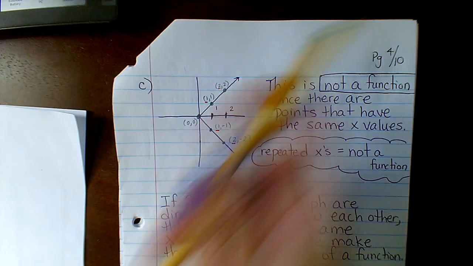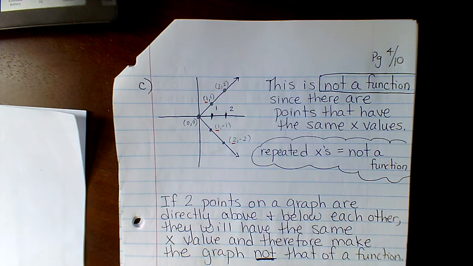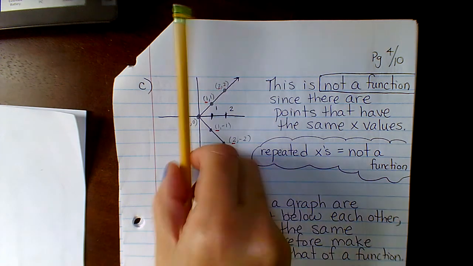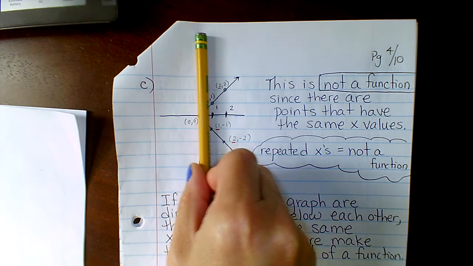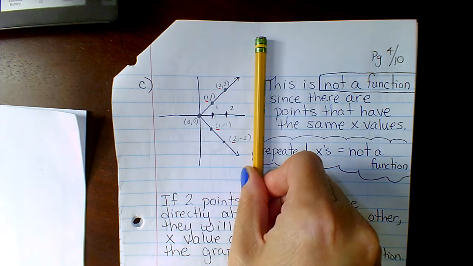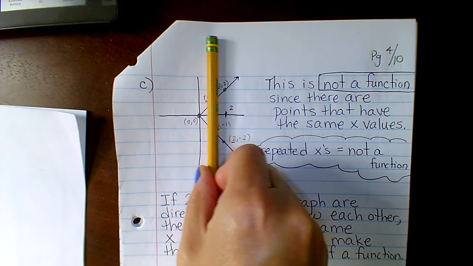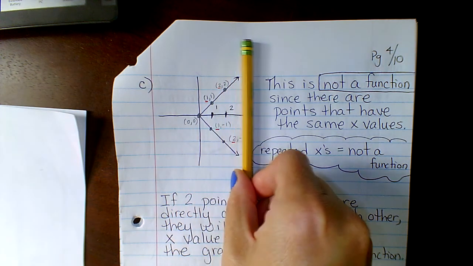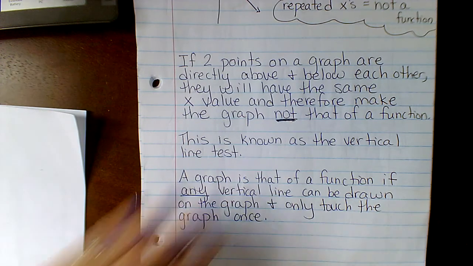That line should only touch the graph once. So any vertical line. Sometimes you might see it stated as: you should be able to take a vertical line and pass it across the graph, and along the way it should only touch the graph at one point at a time. So you may have heard it stated like that.